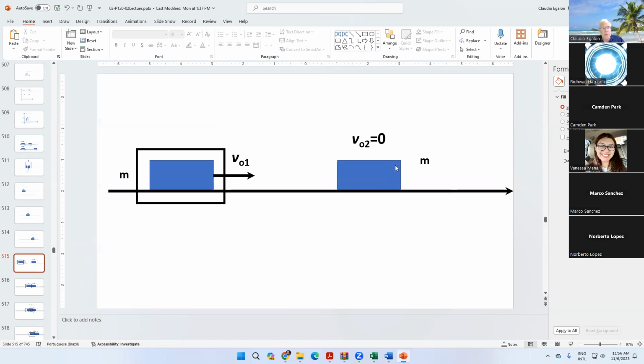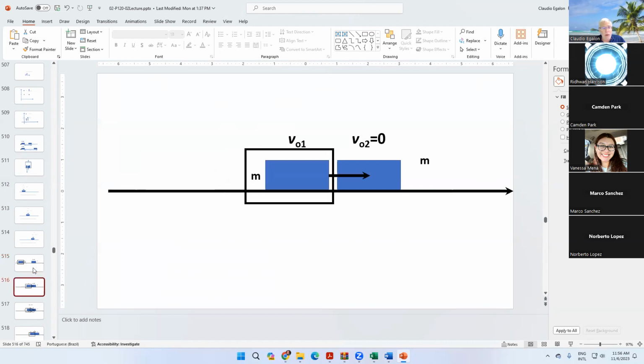And I put this box around here to emphasize that my system is this first mass, which is moving towards the second mass over a frictionless surface.